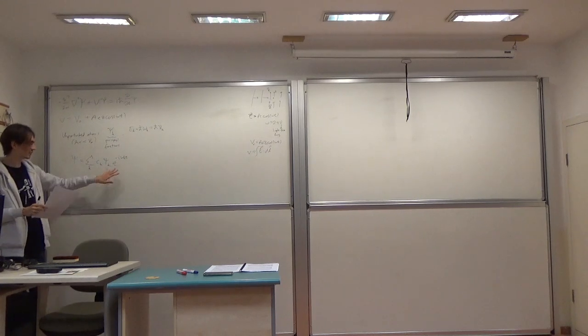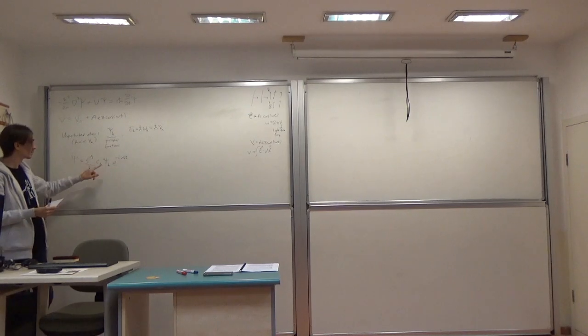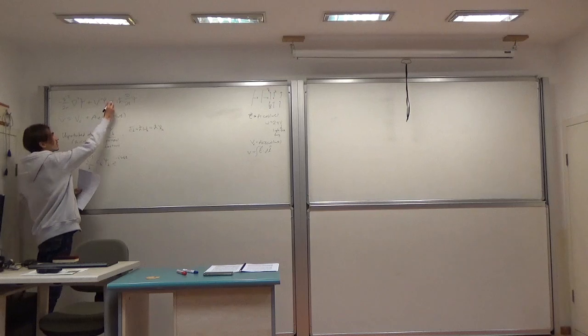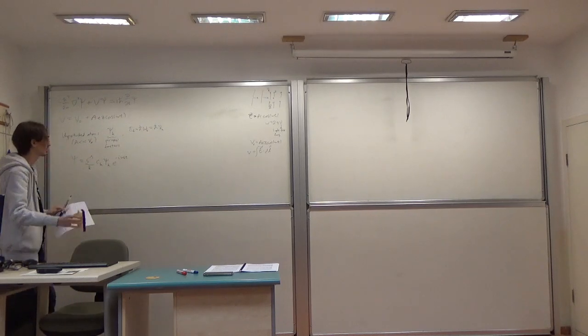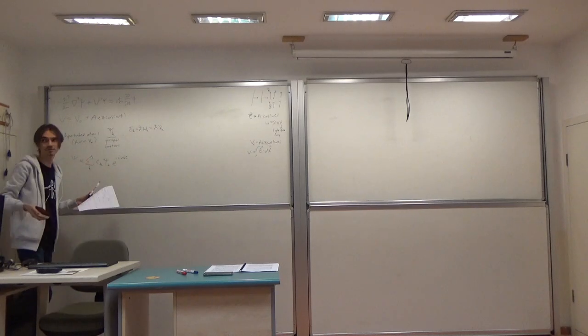What I'm doing differently from Schrödinger is that he puts a plus here instead of a minus. In that case the Schrödinger equation becomes like this, but I don't like this form, which is why I decided to put the minus here and write it like this.